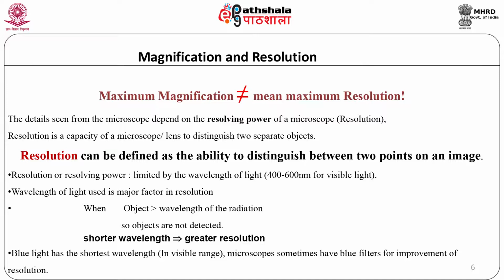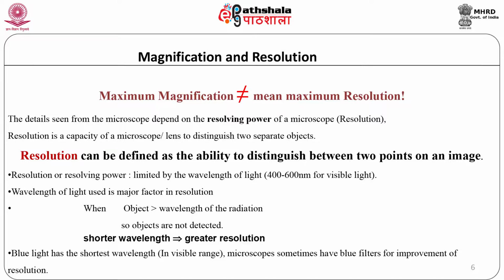Now we should remember certain points: using a microscope with more powerful magnification will increase the size of the image but will not increase the resolution. When an object is much smaller than the wavelength of the radiation being used, the waves are not interrupted by the object. Therefore, the object is not detected.